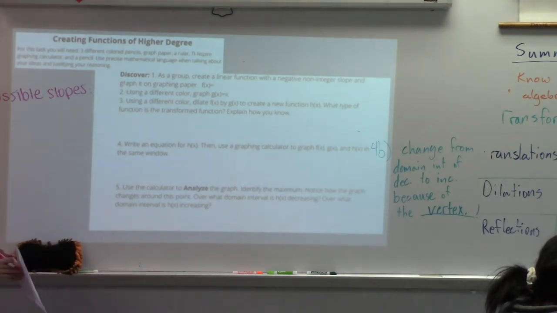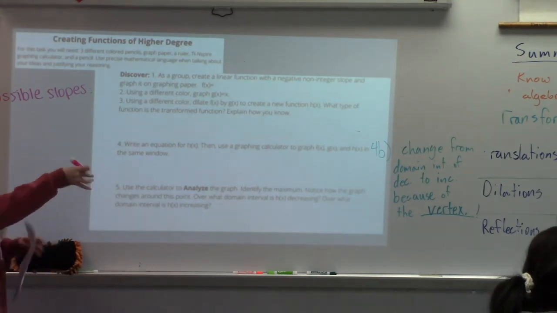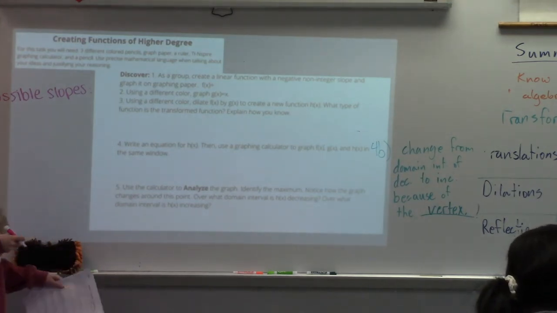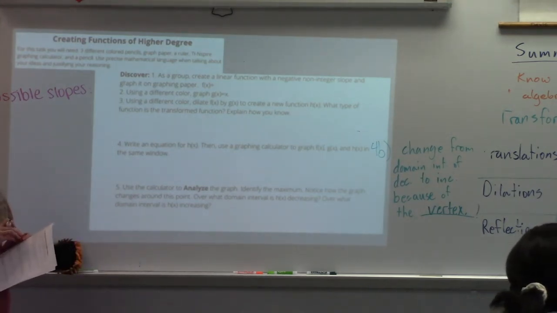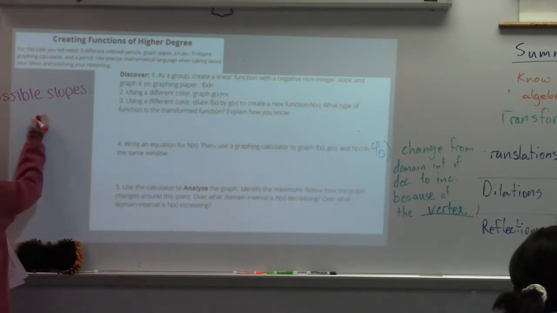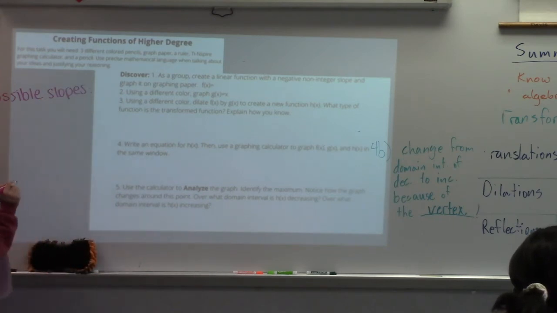So when it says create a linear function with a negative non-integer slope, how can we use that slope to write it in the form of a linear function? Because if I just write down 1/2, well, what do I mean when I say a linear function? Y equals mx plus b.